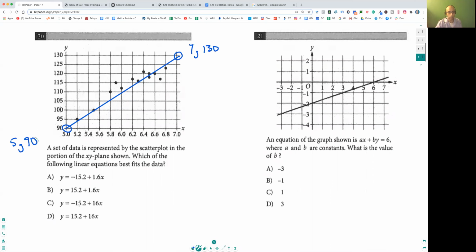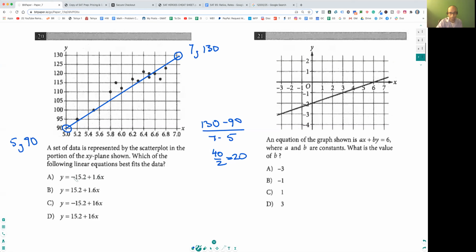You take 130 minus 90 over 7 minus 5, very roughly. So 130 minus 90 is 40, over 2, that's 20. I've taken it so roughly, so it's roughly 20. Look at which of these points have 20.